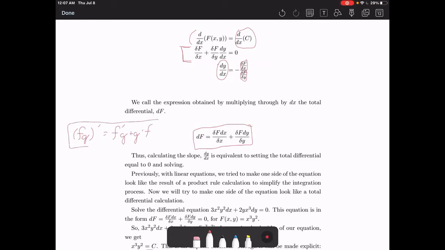That's just a tool that we can use when we're trying to evaluate differential equations. Well, this is another one, because df is the derivative of f. So this is something that will help us in a similar way. If we can make one side of an equation look like this, then we will know that it's actually the derivative of a multivariable function.